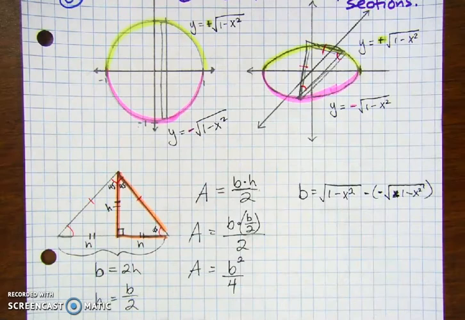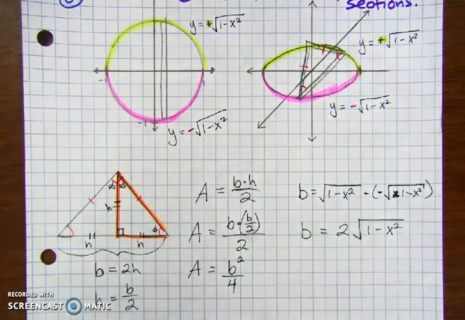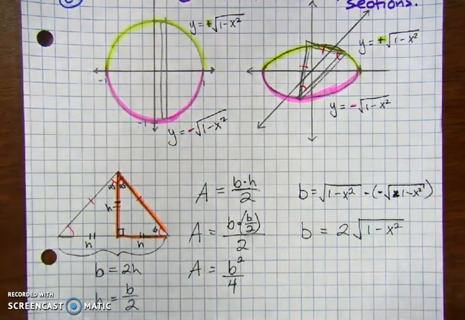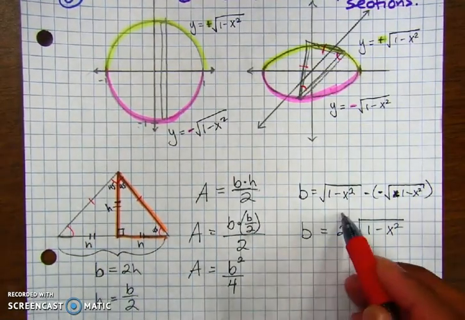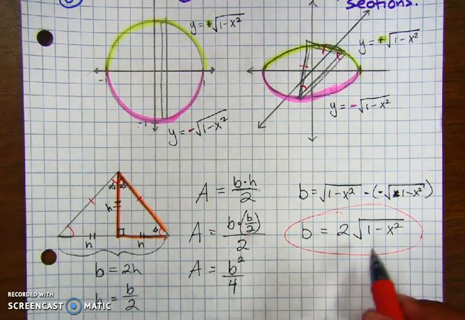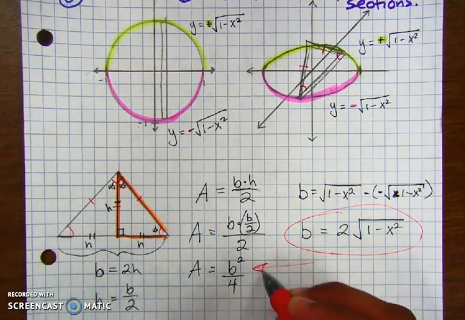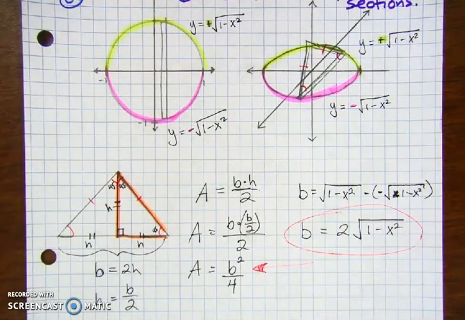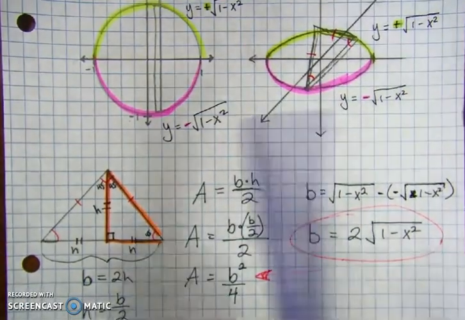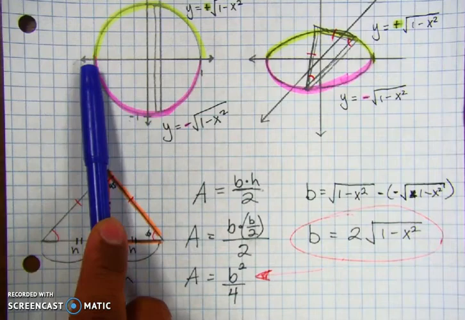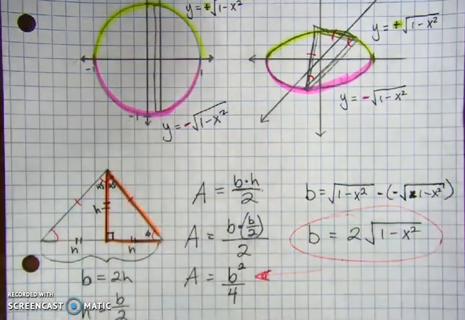We can simplify that to 2 radical 1 minus x squared. Alright, and we've pretty much done the hard part. We're just going to take this, b is equal to 2 radical 1 minus x squared, and plug it in for b there. We're going to integrate, and we're done. And don't forget that the limits will go from negative 1 to positive 1.